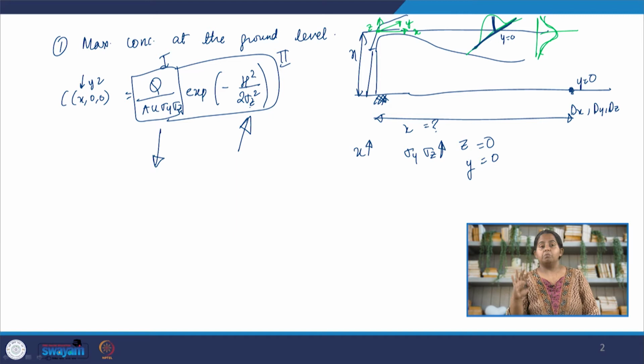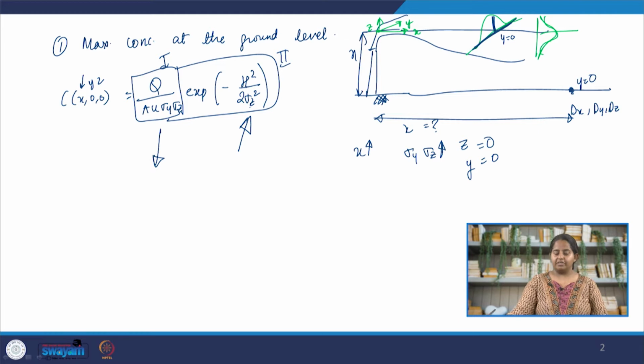Now in our model, these two terms are multiplied to each other. So, one term is reducing as x increases, the other term is increasing as x increases. So, there will be a point where we'll have maximum concentration.